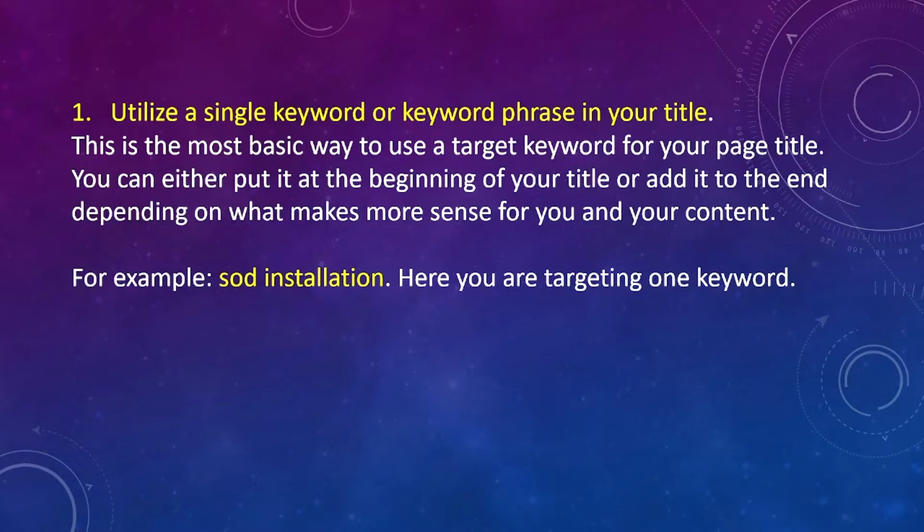This is the most basic way to use a target keyword for your page title. You can either put it at the beginning of your title or add it to the end, depending on what makes more sense for you and your content. For example, sod installation. Here you're targeting one keyword.